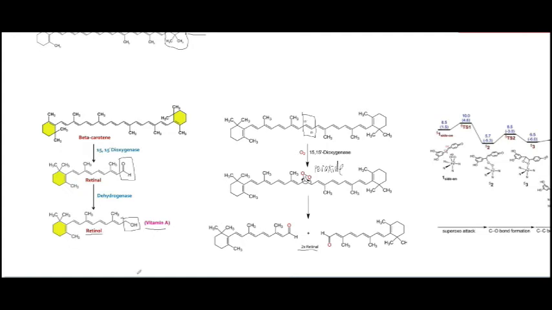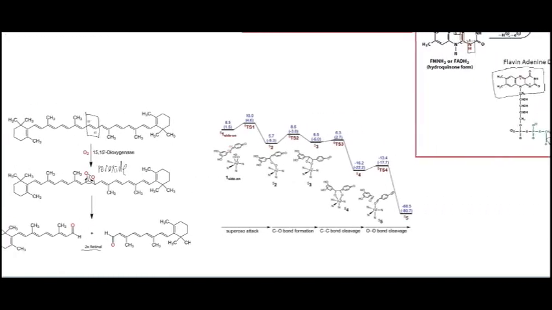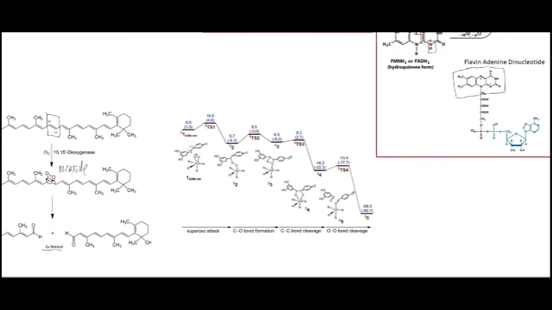And so this is not the mechanism of the 15-15 prime dioxygenase, but it's the mechanism of a dioxygenase. And this is actually the dioxygenase for resveratrol, which is a molecule I will talk about in a later video.